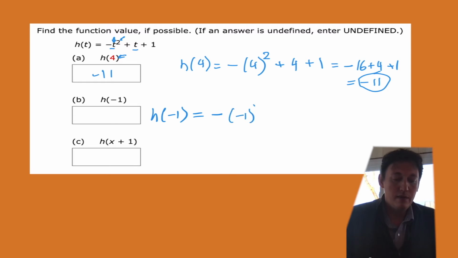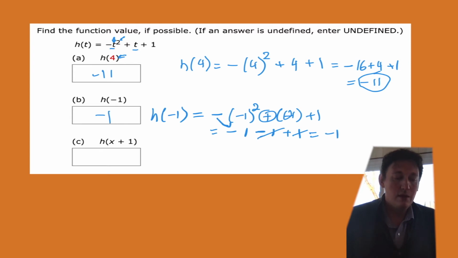T becomes -1, that's squared, plus -1 again instead of t, and then plus 1. -1 squared is positive 1, so this negative comes down from the formula. -1 squared is positive 1. Plus and minus together make a -1, and then plus 1.